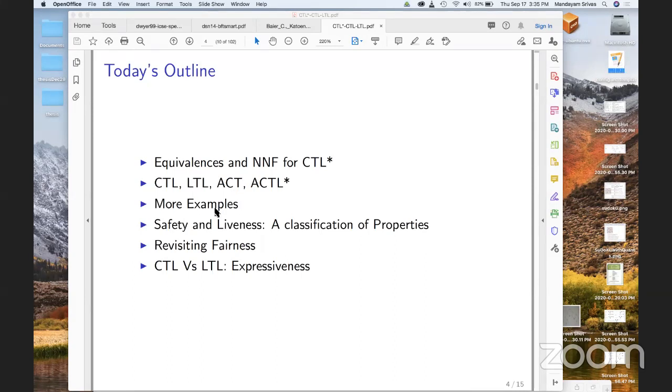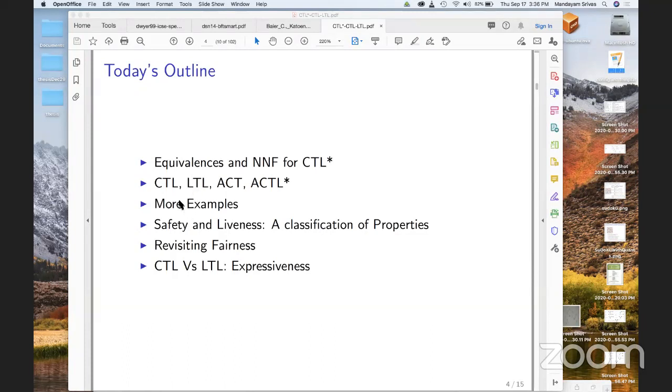And we saw a toy example to illustrate both the syntax and semantics and some distinction between CTL and LTL formulas.